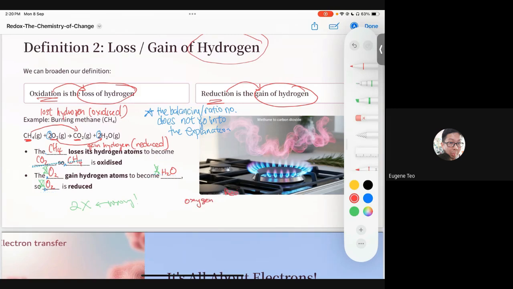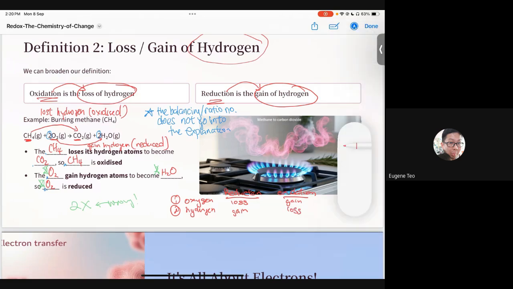If oxygen is to be reduced, it's a loss of oxygen. For oxidation, it's a gain of oxygen. Okay, that's the first definition that we went through. The second definition was on hydrogen, where reduction is about the gain of hydrogen, where oxidation is the loss of hydrogen.